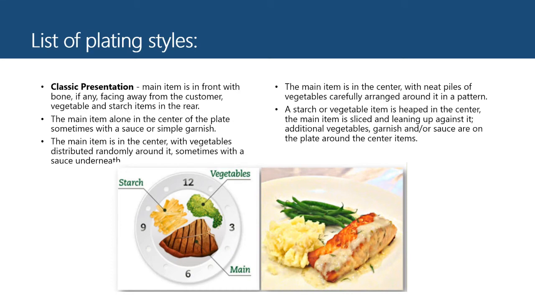So, yun sa classic presentation, ayan, it is very detailed. The 12, 3, 6, and 9 o'clock is like a watch or a clock na guide natin when plating. Saan dapat siya nilalagay when doing a classic presentation.